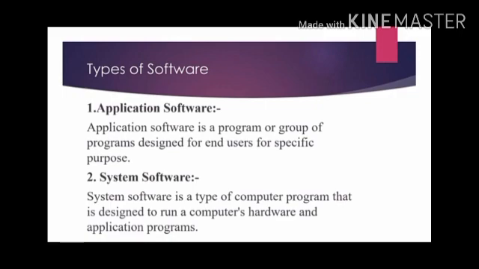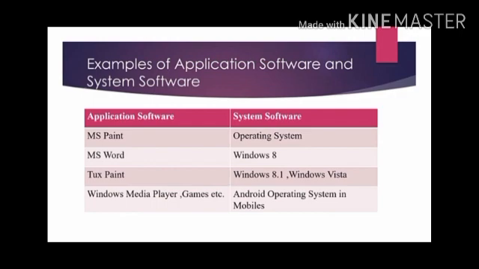But Microsoft Windows is necessary for running MS Paint or Windows Media Player. Here you can see different kinds of examples of application software and system software. We have MS Paint, MS Word, Windows Media Player and games. These are application software which can only do a specific work. But the operating systems Windows 8, Windows 8.1, Android operating system can control the overall functioning of a computer.